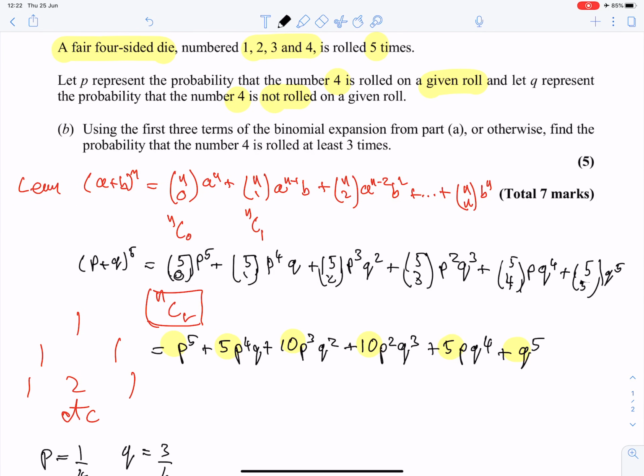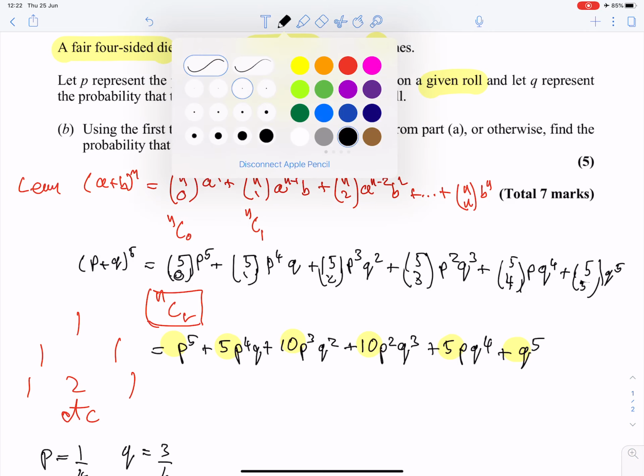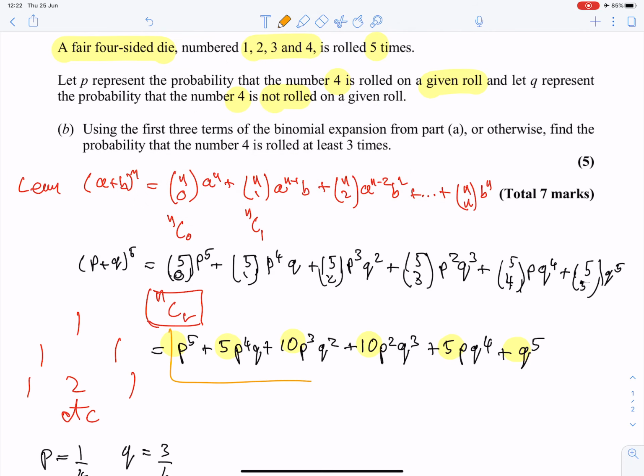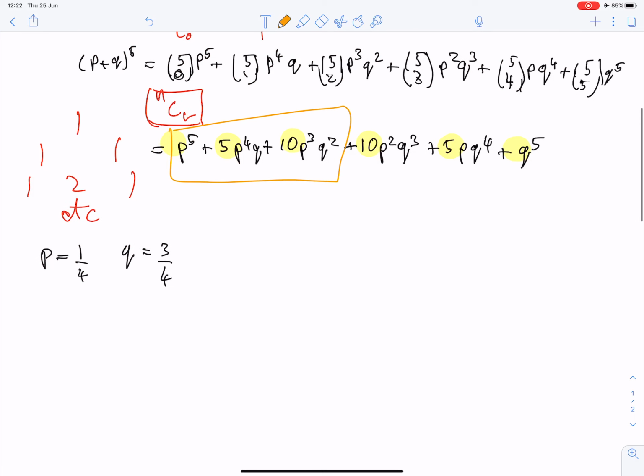And we want, using the first 3 terms, so that's these 3 of the binomial expansion from part A, or otherwise, to find the probability that the number 4 is rolled at least 3 times. So P is the probability of getting a 4, so this here is 5 4s in 5 rolls.